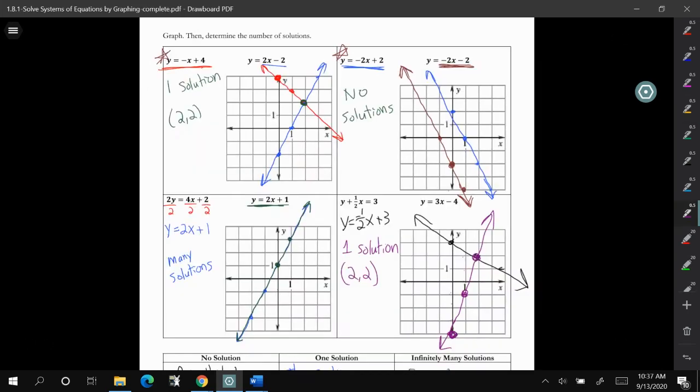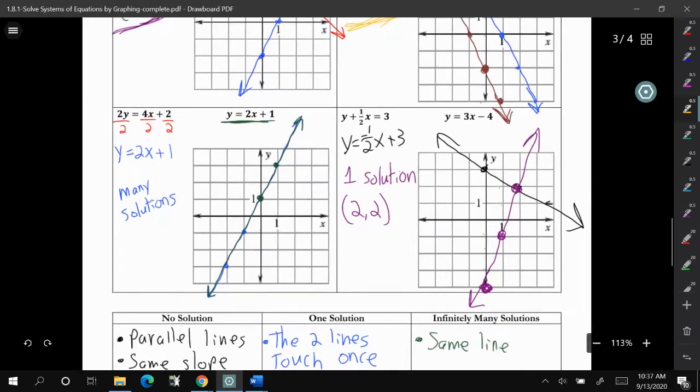All right, these are the answers here. And as you can see, the one on the left, you should have the 2 lines crossing at 2, 2, and they only cross once, so there's one solution. The upper right one, these 2 lines never touch or never cross, so there's no solutions because they never touch.